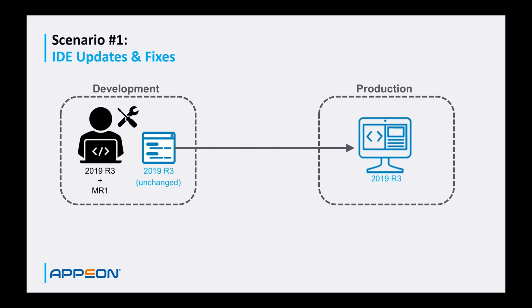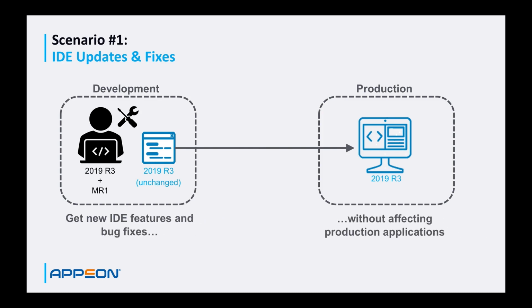So you keep that as 2019 R3, and you can keep maintaining that app you have in production and deploying without worrying that a newer build could introduce potential regression bugs. So this is excellent. You'll be able to keep your IDE updated while keeping your runtime stable and not risking anything in the production environment.